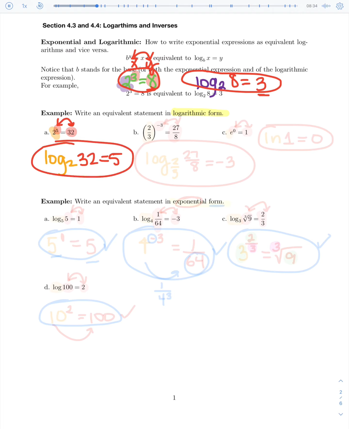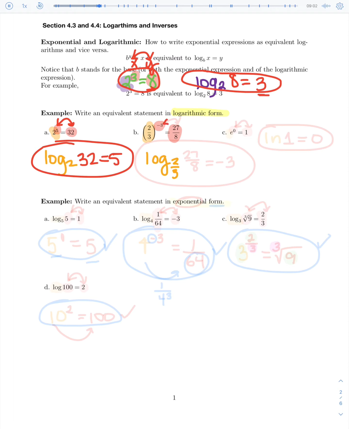Let's look at B. On B, I have an exponential base 2/3. So when I use, again, my properties of inverses, I'm going to turn this into a log base. It'll look a little funny. Log base 2/3. That's, remember, a subscript. But then again, just like the last one, because they're inverses, I have to swap the x and the y, the other two numbers.